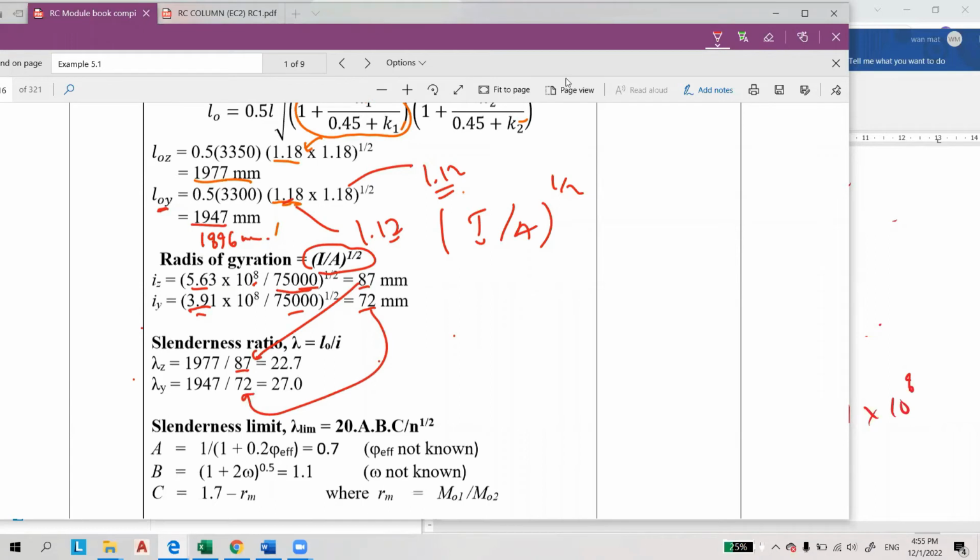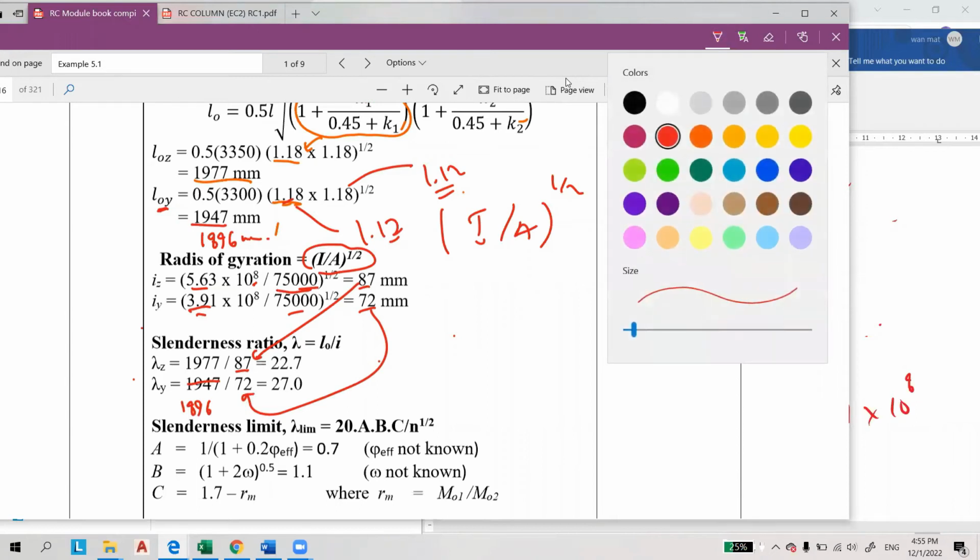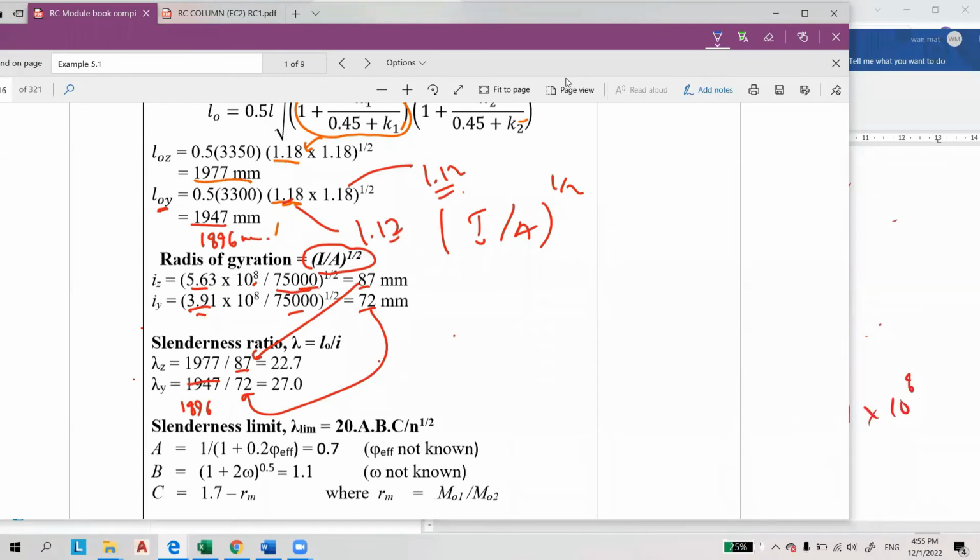The value is 1896. So what is the new value here for the slenderness ratio? This one, 27, shall be 22.7.